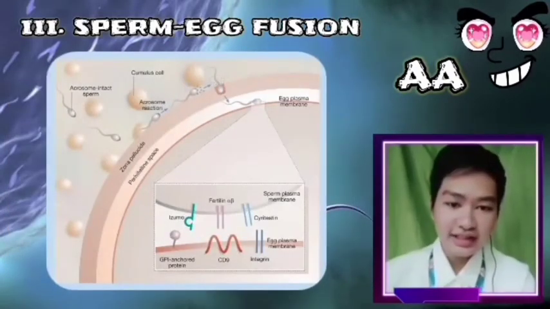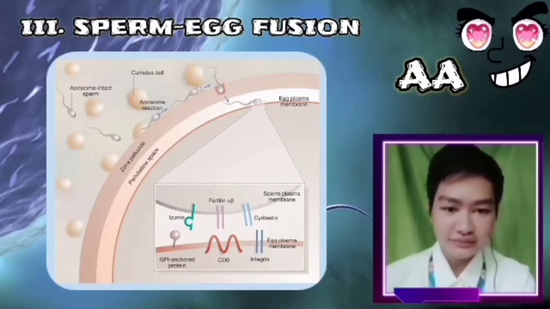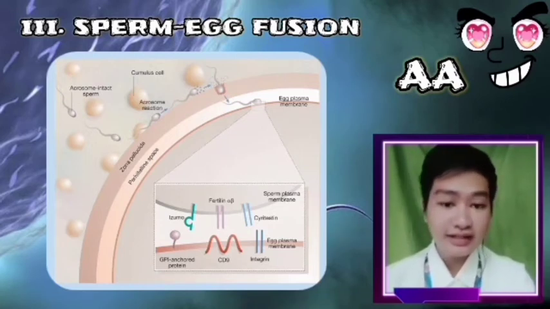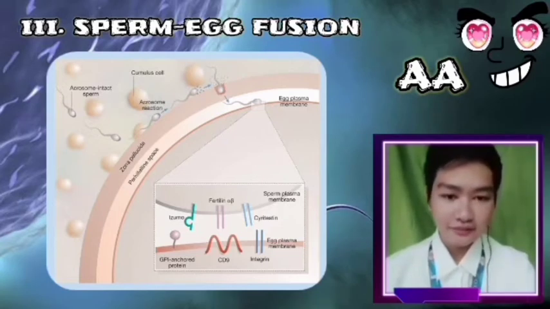The cumulus cells that surround an ovulated egg secrete a matrix containing hyaluronic acid. A sperm must first pass through this matrix and then interact with the egg's coat, the zona pellucida.